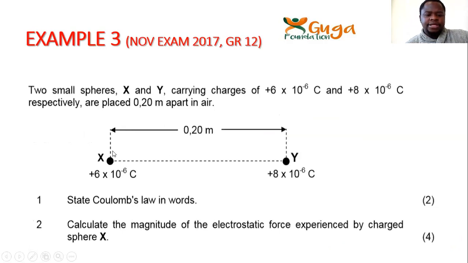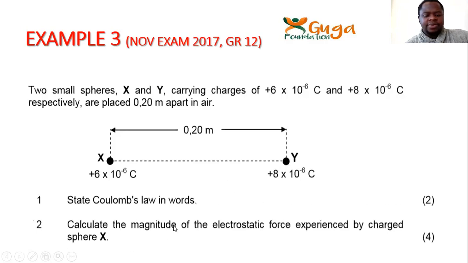So this is your X and this is your charge Y. State Coulomb's law: the electrostatic force between two point charges is directly proportional to the product of the charges and inversely proportional to the square of the distance between them.